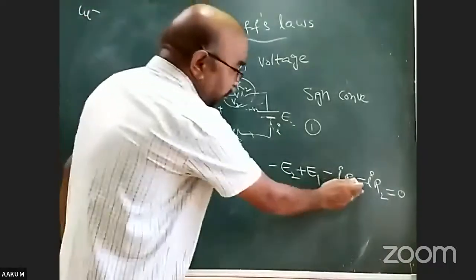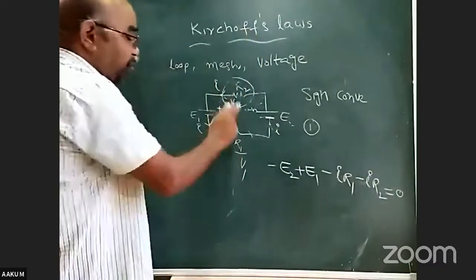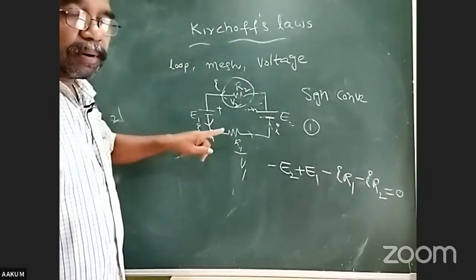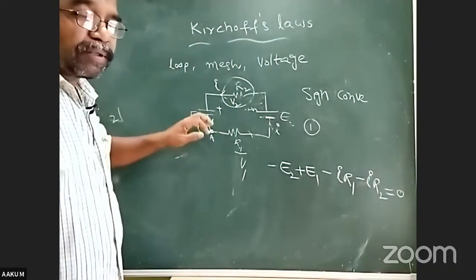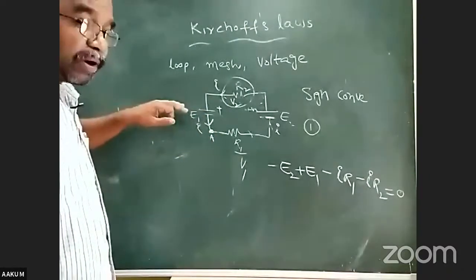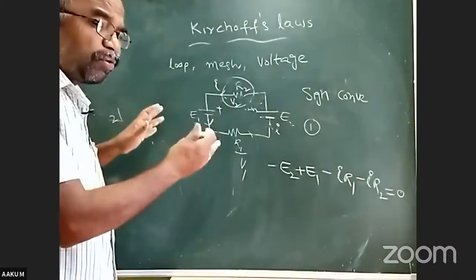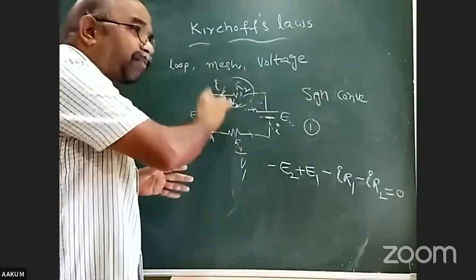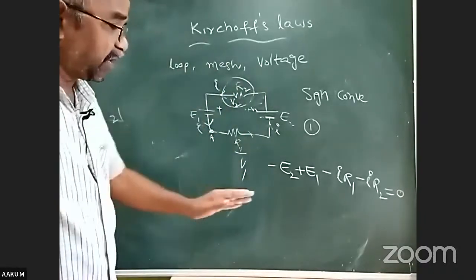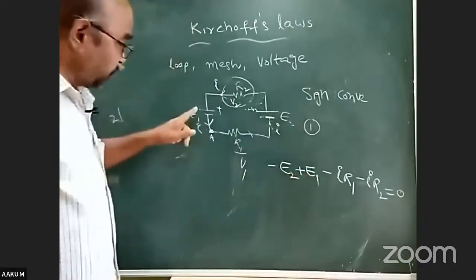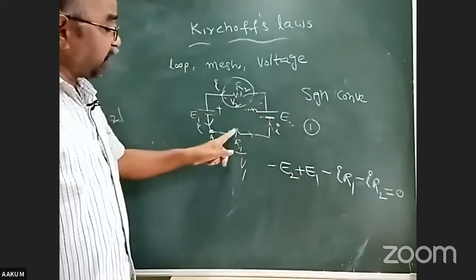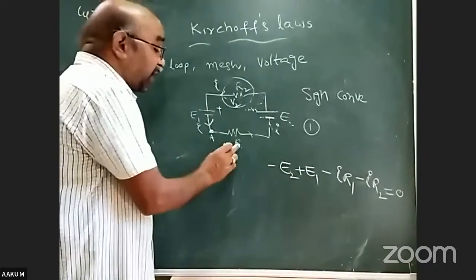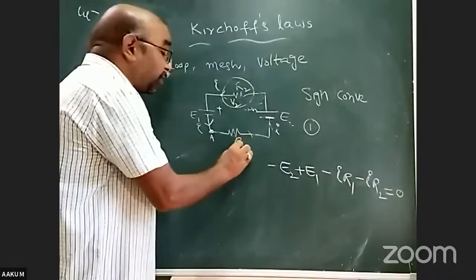And what are the other things? Two potential drops are there. While you are solving the circuit and going in the direction of current, the potential drops must be taken as negative. Wherever there is a resistor, there must be a potential drop. At this resistor, what is the potential drop?